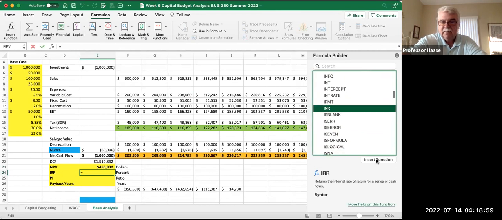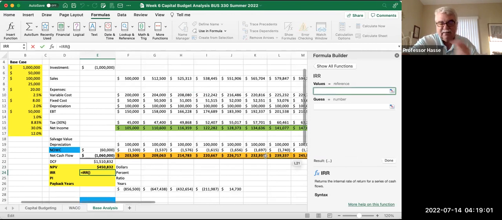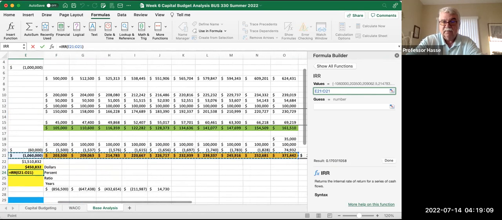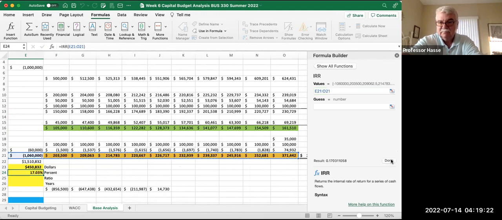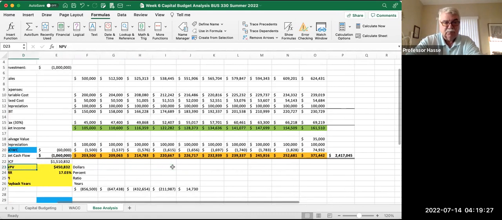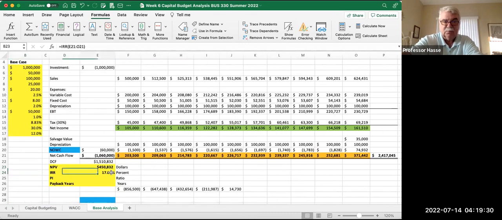There it is right there. And all we have to do is paint the values, including year 0, through year 10, E21 to O21. So now it's going to take all the years, including year 0, and determine the return in a percent. So we hit done. And now it's calculated for us the percent of 17.03%. Okay. That's our return in a percent.